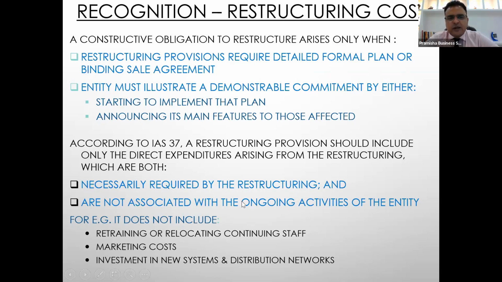If this decision hampers your ongoing activities and some parties will demand payment from you, you're obligated to pay them. But retraining, relocation, and marketing cost are new activities, new decisions that cannot be related to this restructuring activity. You cannot add all the costs as part of restructuring because you plan to retrain or relocate them.